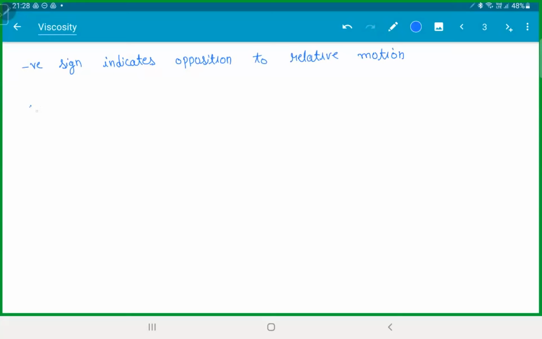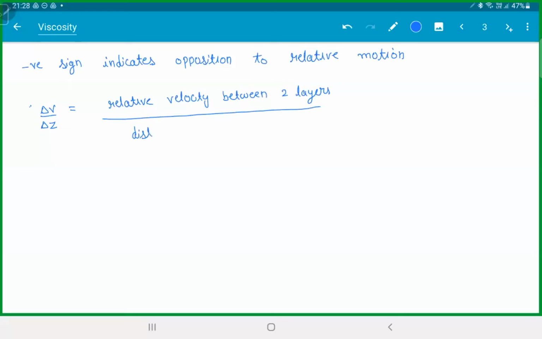This dv by dz is actually delta v by delta z, the relative velocity between two layers divided by the distance between two layers.